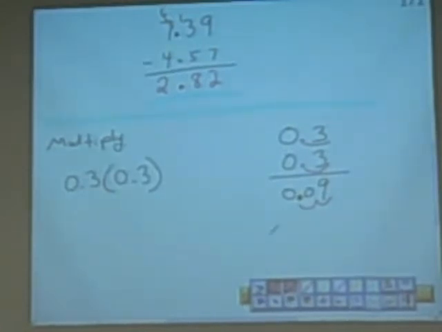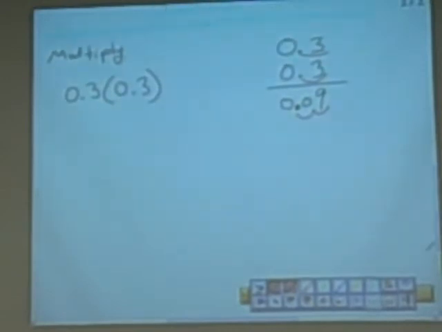So this is a common error that students make. They look at 0.3 times 0.3, boom, 0.9, and it's really something else. That's one of those things you have to watch out for, because with adding, you line up the decimal points, and that decimal point is going to be right below your sum of all your numbers.